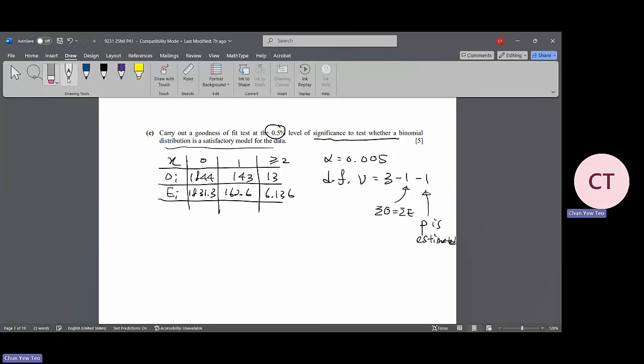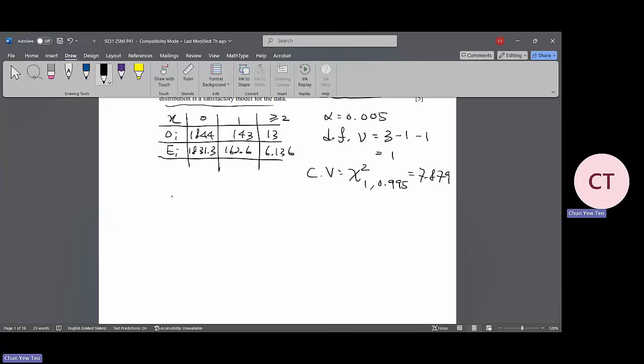So 3 minus 2, you get 1. Then your critical value is the chi square with degree of freedom 1 and probability 0.995. From the formula table, you get 7.879.